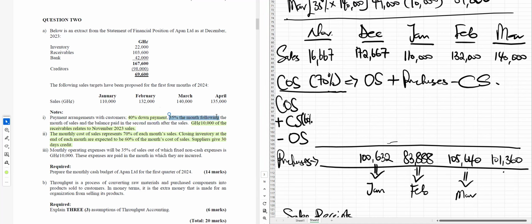And then 35% following the month of sales, and then the balance paid in the second month. So balance. Are you following? When you have any balance, that balance means that it is what is left. So the 40% down payment is needed, and the balance is equivalent to 60%.